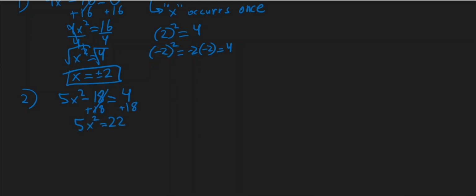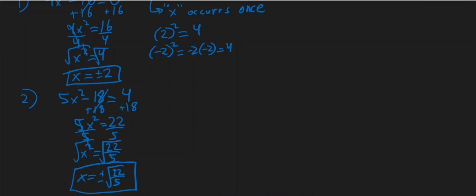And then you want to divide by 5, and that leaves you with an x squared value of 22 over 5. And then from there, the inverse of squaring would be square rooting. And never forget that the square root of a number for quadratics would be positive or negative of whatever that square root is. And that right there would be the answer for this. All right, so positive or negative, the square root of 22 fifths would be that.